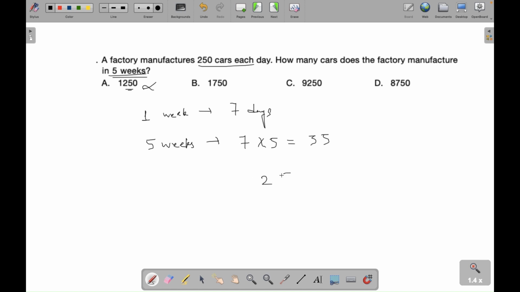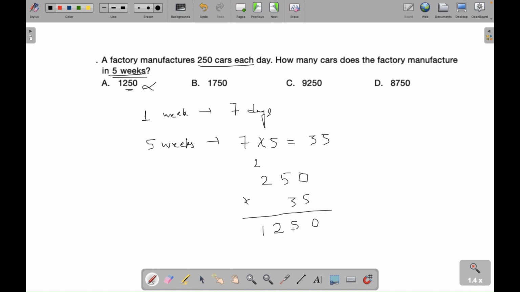So 250 times 35. Again we have a 0, so we could have eliminated it and then added it at the final answer. So we'll first solve using the conventional approach. So 5 zeros are 0, 5 fives are 25, and then 2 is carried over, and 5 twos are 10 plus 2 is 12.